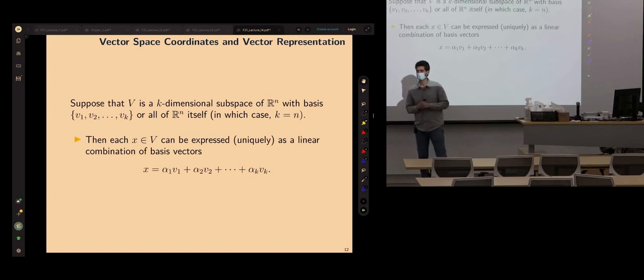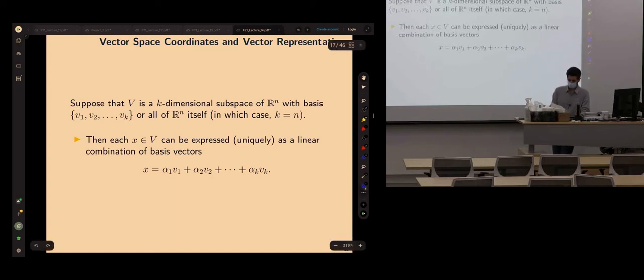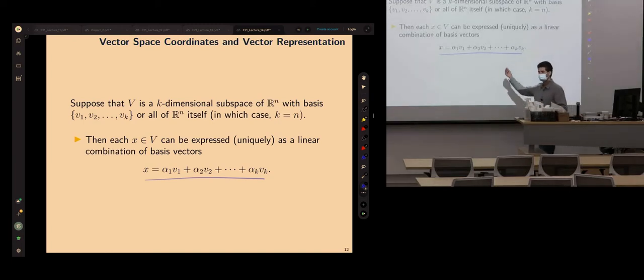You choose a set of vectors that are linearly independent and span the whole space. So if the choice of basis is optional, then we can write our vector as a linear combination of any set of basis vectors that we choose. That's the reason that now, instead of e1 to ek or en, I'm writing v1 to vk.